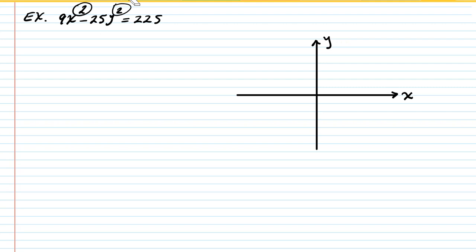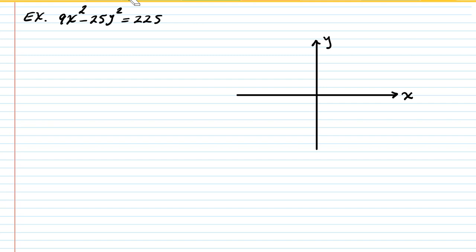Note if one of those was not squared, then that would have been a parabola, because only on a parabola one of them is squared, not both of them. And if the minus was a plus, this would have been an ellipse. An ellipse, not a circle, because the numbers are different here. If they were both 9, both 25, and a plus sign, then that would have been a circle. We'll talk about that later, the identification theorem of conic sections.